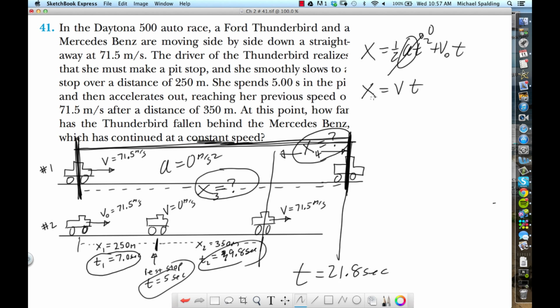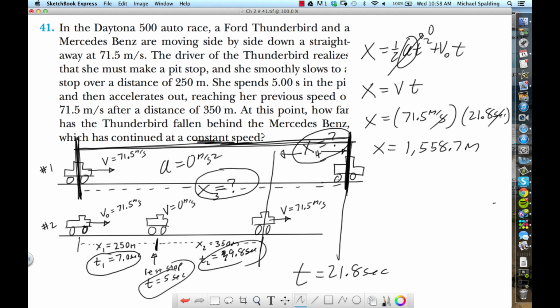And by the way, what is this equation here? That comes from the definition of velocity. Velocity is displacement over time. But here we're solving for x. So x is going to be her velocity, 71.5 meters per second, times the total time that went by. So the seconds cancel, and we get 1,558.7.